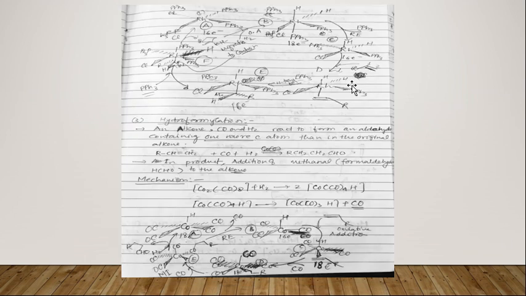So these are the reactions. Here is the Wilkinson catalyst. Here the PPh3 is above the plane, and here is the PPh3 below the plane. This is for 16 electrons.